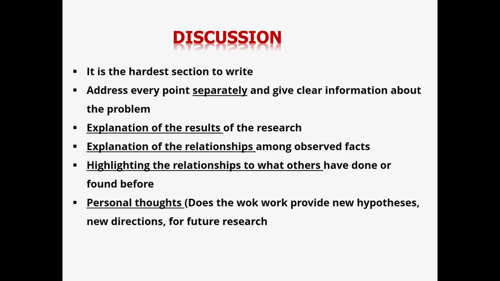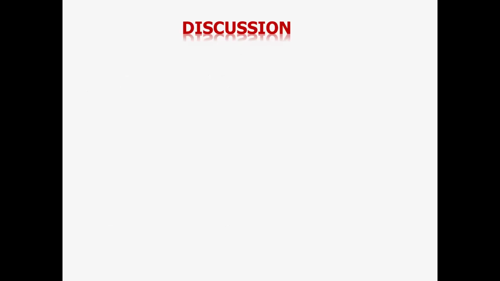So in the first part of the discussion, we have to restate the research question, and restate why we did this research and what was the gap in the literature that helped us to do this research.